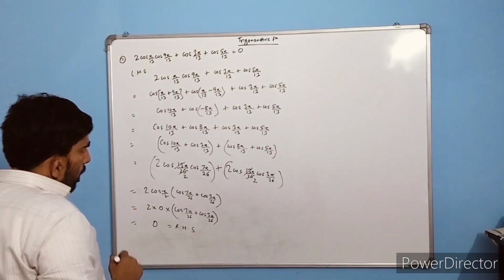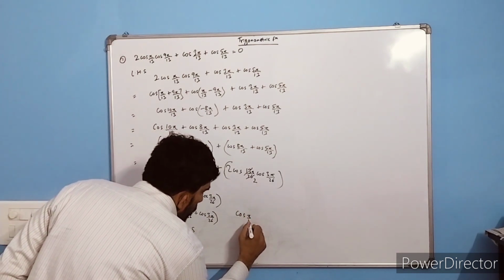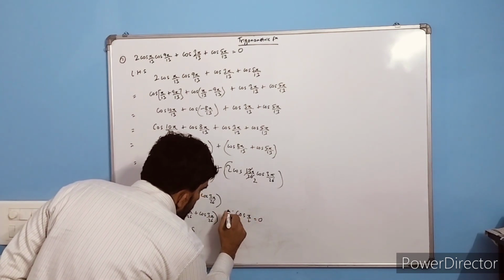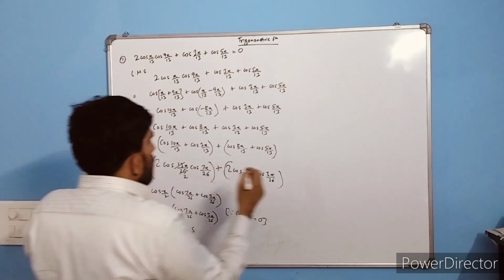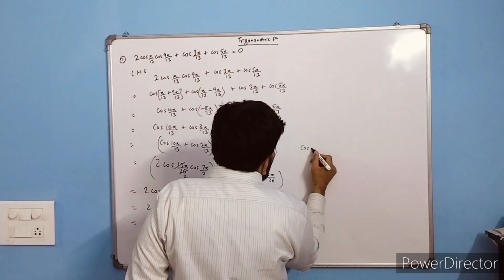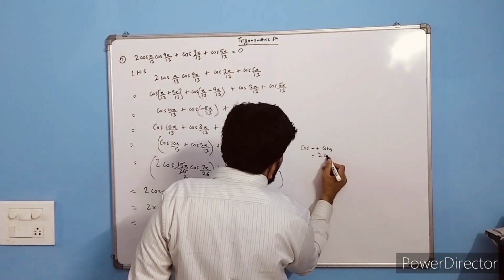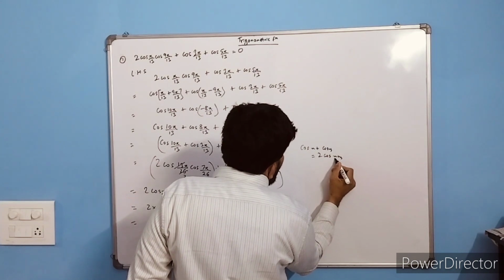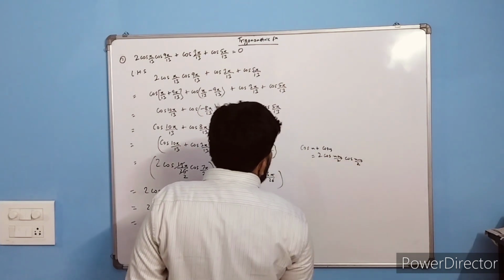So that is how we try to solve the numerical. One thing we have used, cos pi by 2 is equal to 0. Two more identities we have used here: cos x plus cos y, that is 2 cos x plus y by 2 cos x minus y by 2. Okay.